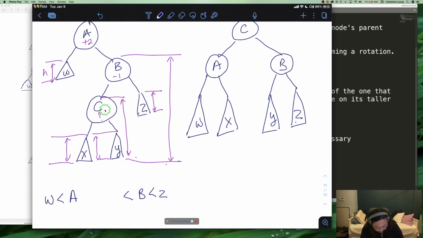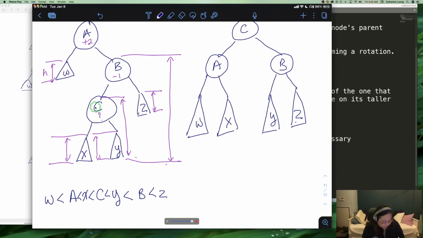So that means that C is definitely smaller than B, but it's also definitely bigger than A because it's still in the right subtree of A. Now X is smaller than C, so X will be here, while Y will be bigger than C, but all of this is smaller than B. So this is the relationship we have when we look at the diagram before we started.